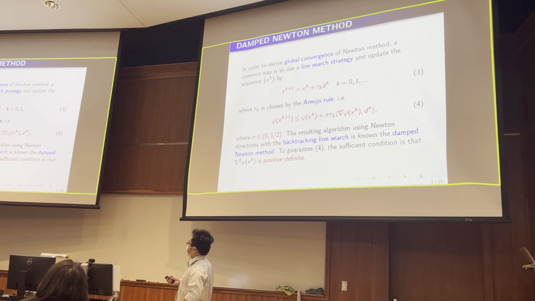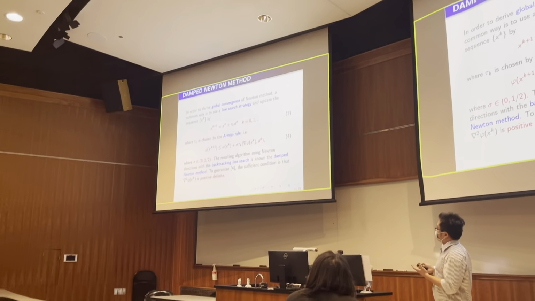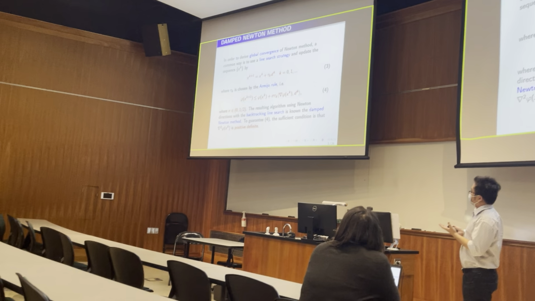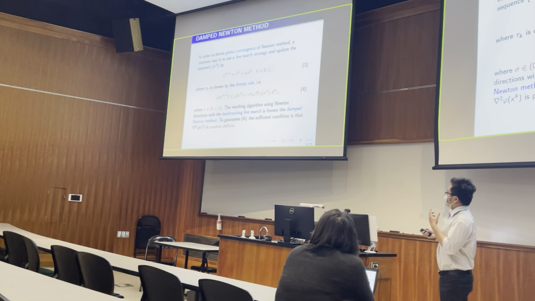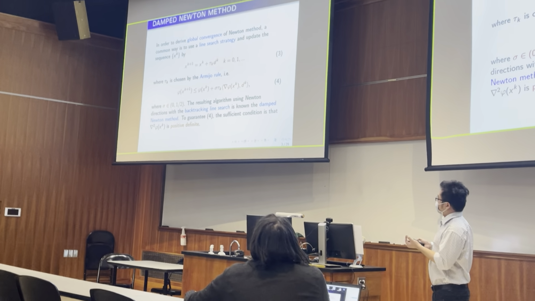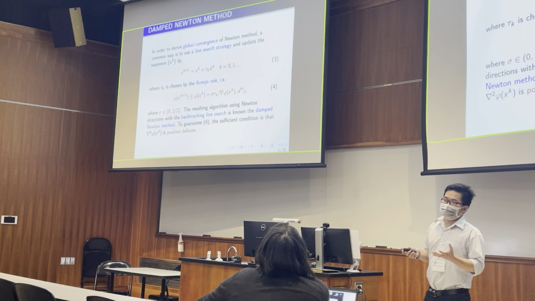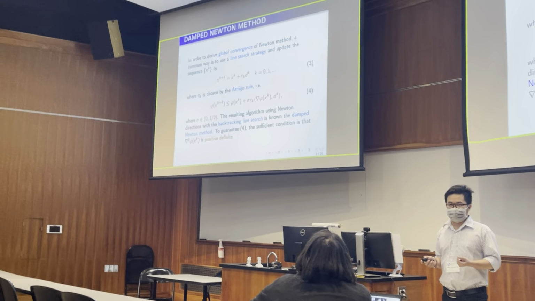But when we use the line search strategy with the Newton direction, the disadvantage is that we need the positive definiteness of the Hessian matrix.